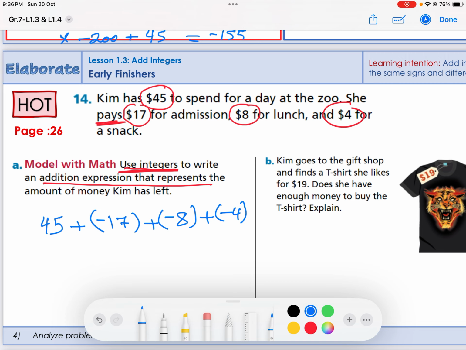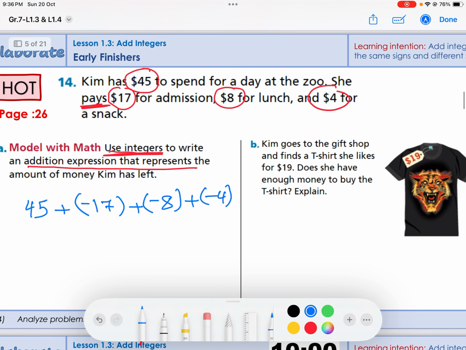Okay, here they're telling you she goes to the gift shop and finds a t-shirt she likes for $19. What do you think? Does she have enough money left to buy this t-shirt? It costs $19. First of all, we should go back to our expression and calculate it. You should find the total and then see if she will have enough money to buy it.